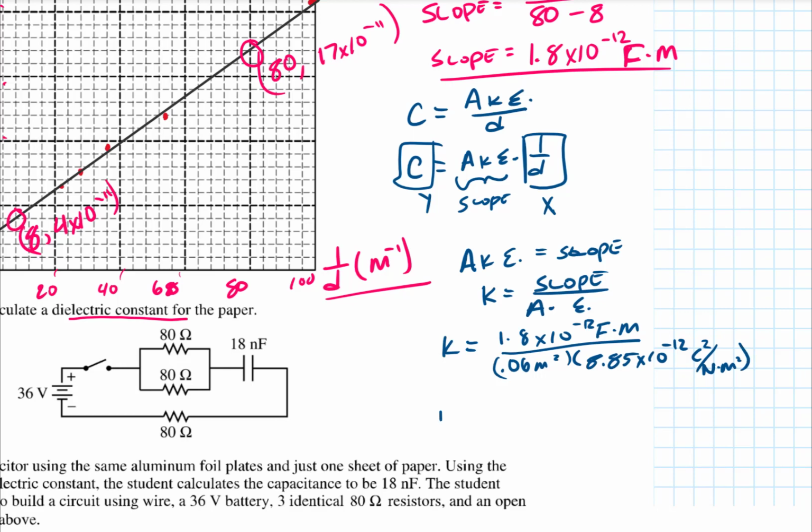Once you calculate that, the dielectric constant comes out to be, with my numbers, about 3.4, and that would be the dielectric constant that we got from the slope of the best fit line.